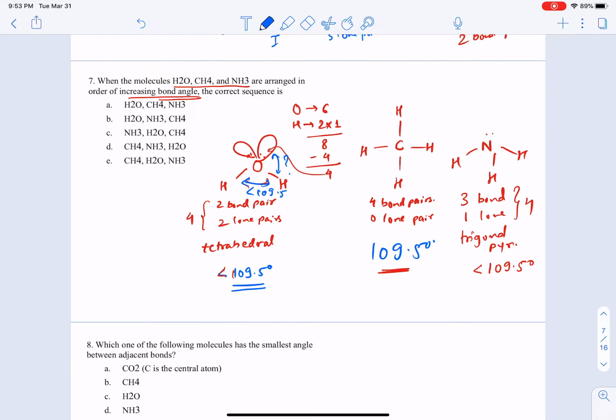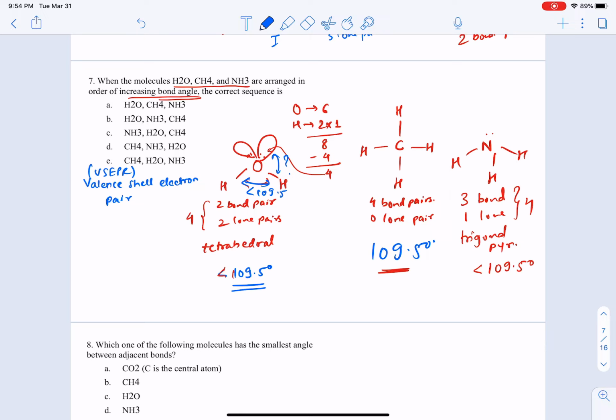So the actual reason why these angles are less than 109.5 degrees is the VSEPR theory, that we call valence shell electron pair repulsion theory.